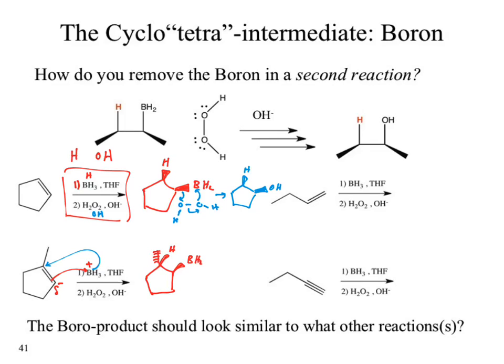We then follow it again with our peroxide, the horrible mechanism that Mike draws. There's our dash, there's our wedged hydrogen, there's our wedged OH. What is interesting about that addition?